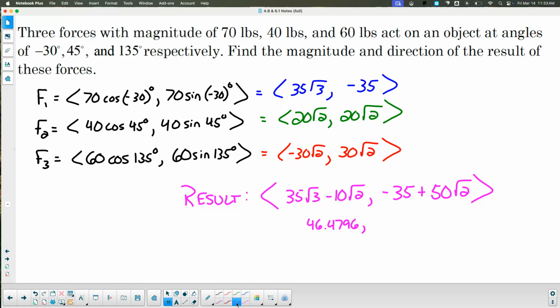And then we have negative 35 plus 50 square roots of 2. That's going to be my B. That's going to be 35.7107.